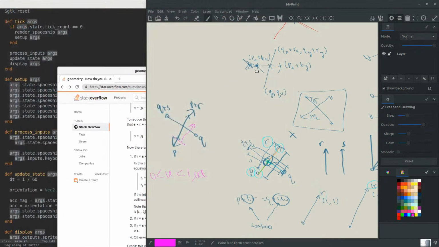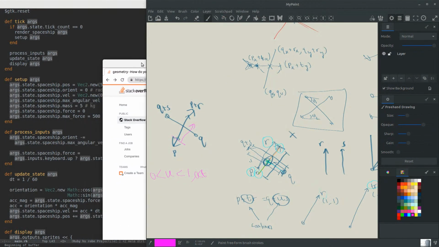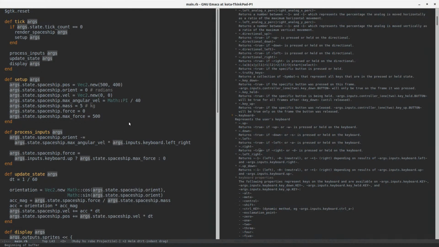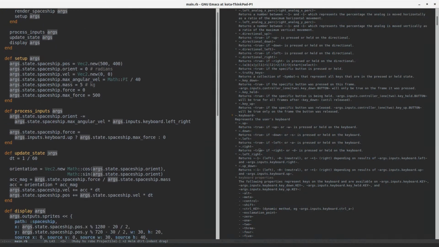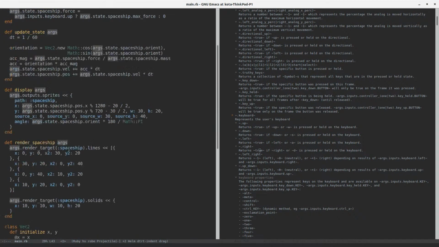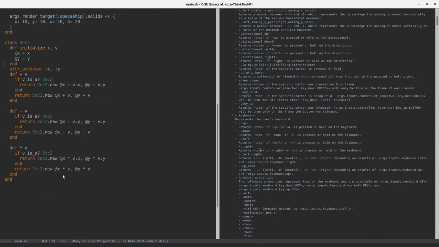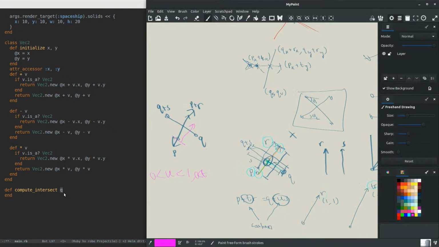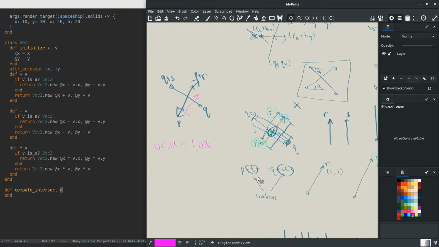I know we've been going for a while now. But let's see. So we'll have our little vector here, and we'll do compute intersection, intersect, and we'll have this Q, and then we'll just keep the same terminology here.